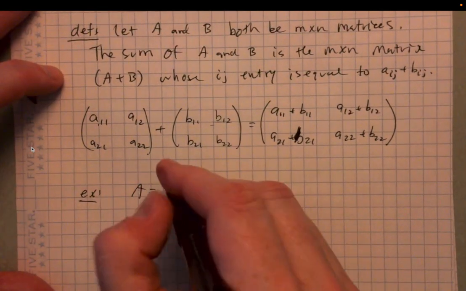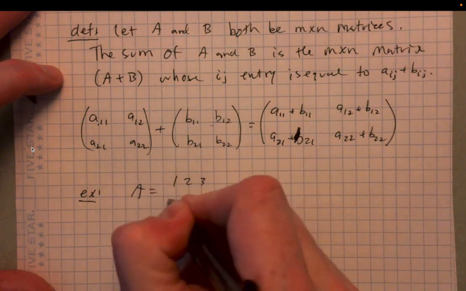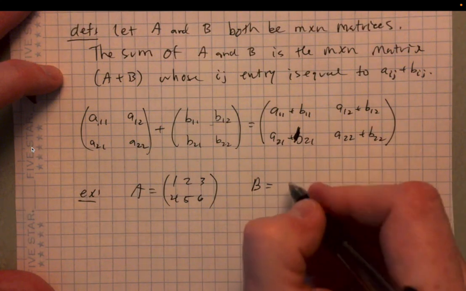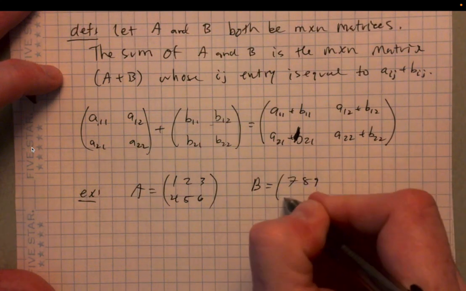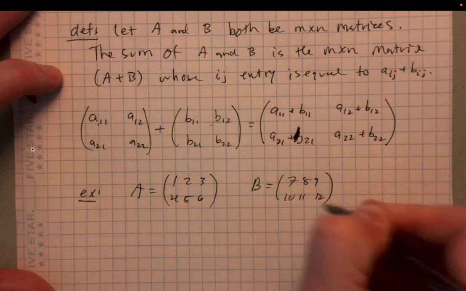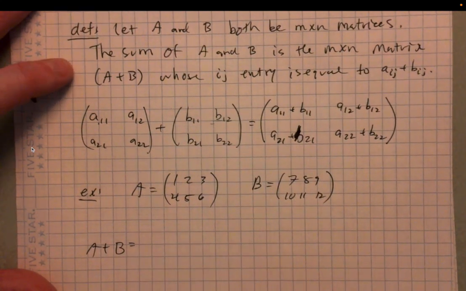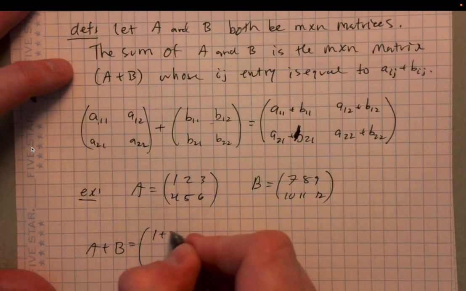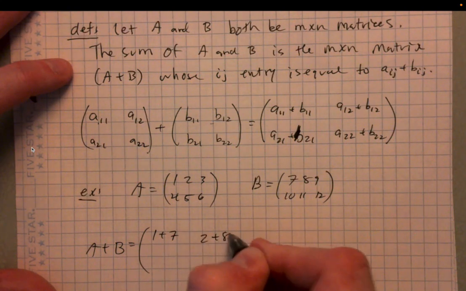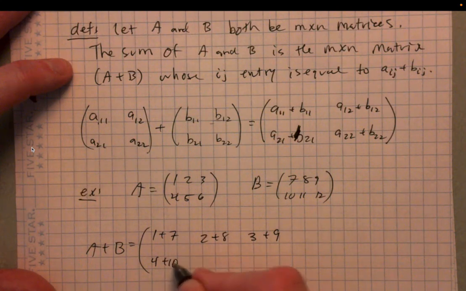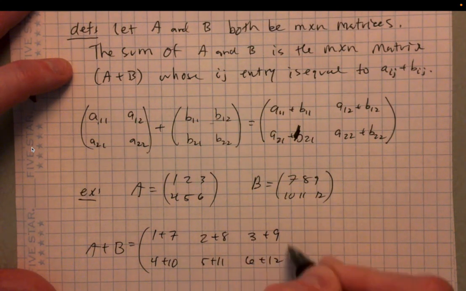Okay, let's see an example with real numbers. A equals 1, 2, 3, 4, 5, 6. B equals 7, 8, 9, 10, 11, 12. So then A plus B is going to be equal to the matrix 1 plus 7, 2 plus 8, 3 plus 9, and then 4 plus 10, 5 plus 11, 6 plus 12.